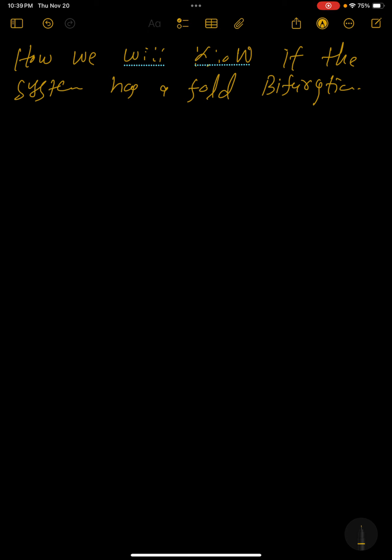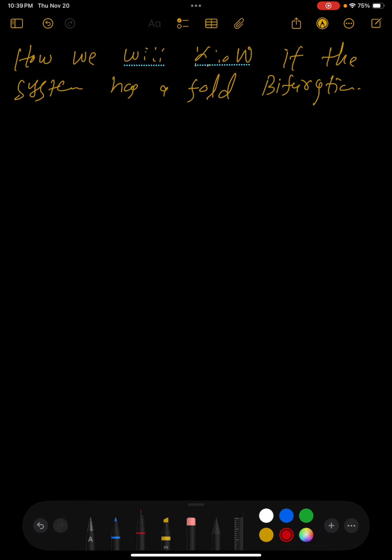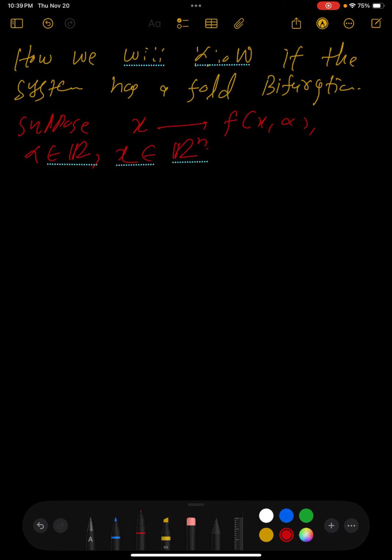So suppose x goes to f of x, alpha, with alpha in R and x in Rn, has at alpha equal to 0 the fixed point x naught equal to 0.